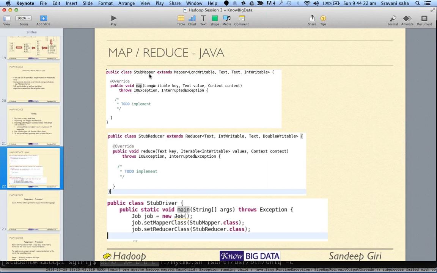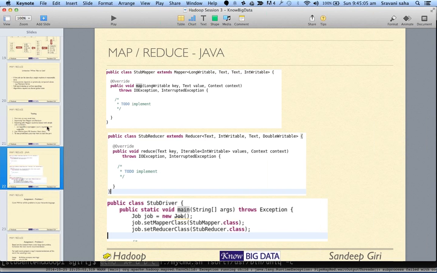This is the name of the file, which you can keep as any name as long as it extends a class called Mapper. An important part is templatization: like in C++ you have templates, similarly we have generics in Java. We say that this mapper takes input in the form of long and text, where the key is long and the value is text, and the output of this mapper is going to be a key and a number. This is the declaration.